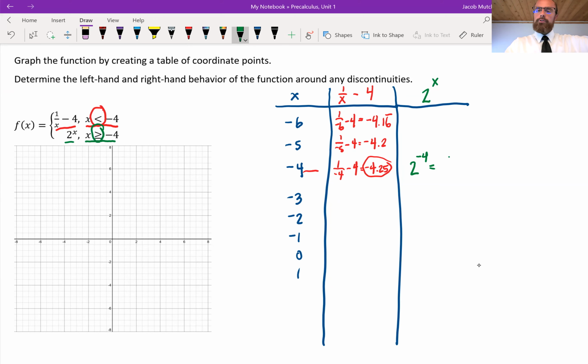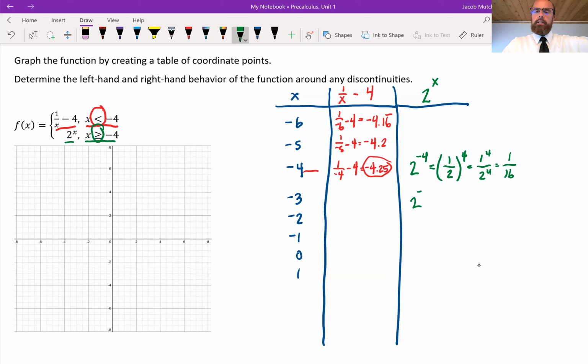So that's 1 over 2 to the power of 4, which is 1 to the 4th power over 2 to the 4th power, which is 1 over 2 times 2 is 4, times 2 is 8, times 2 is 16. 1 over 16, so very close to the x-axis there.